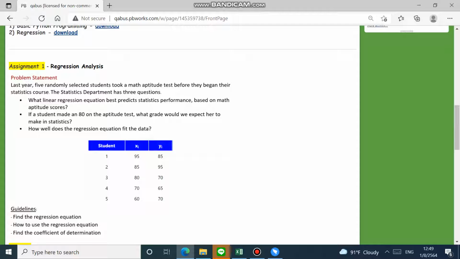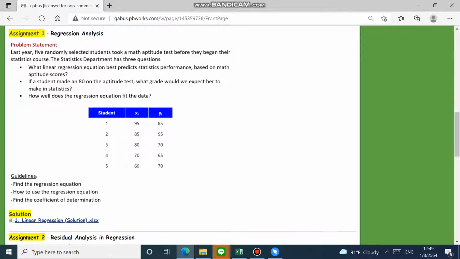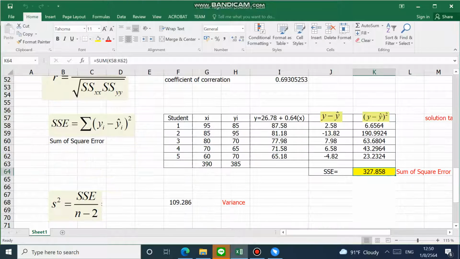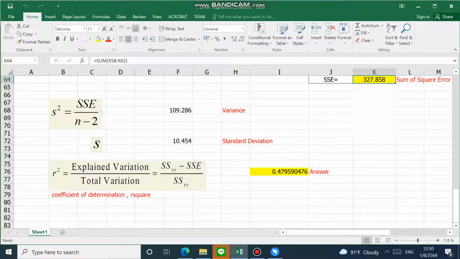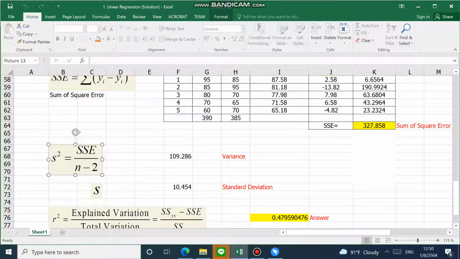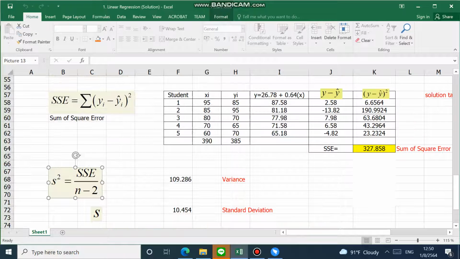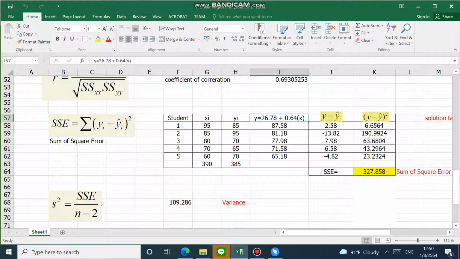And last question, how well does the regression equation fit the data? In order to answer this question, you need to compute the coefficient of determination, or R square. But in order to compute R square, you need to compute SSE, right? Sum of square error. To compute SSE, you need to know the linear regression equation, and you need to compute y minus y hat, or predicted y.